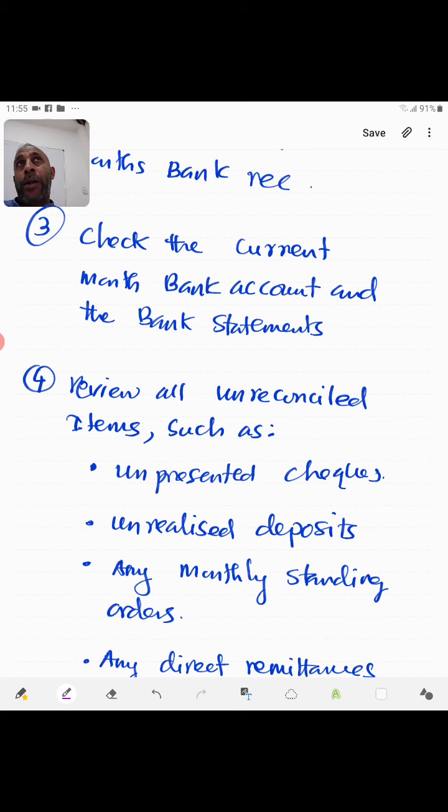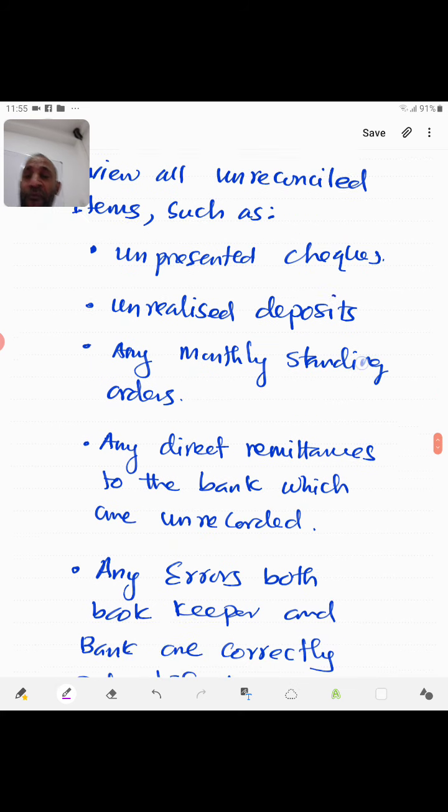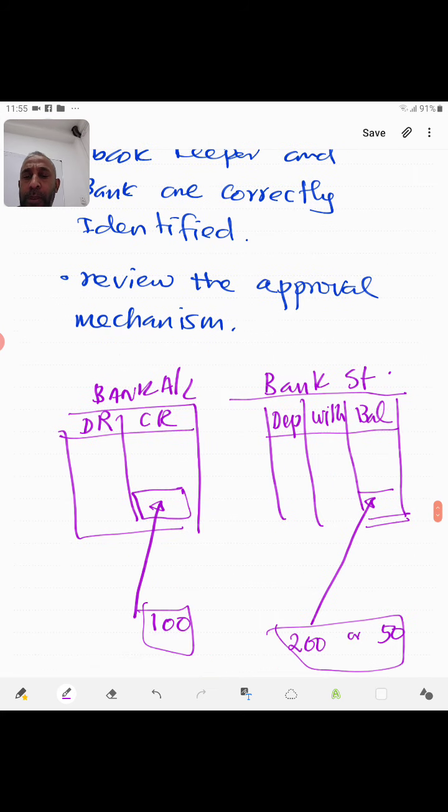So there are issues relating to the bank and issues relating to our books. These are all the accountant's job, who has to prepare the bank reconciliation. Now, what are our auditing objectives when we are auditing a bank reconciliation statement?